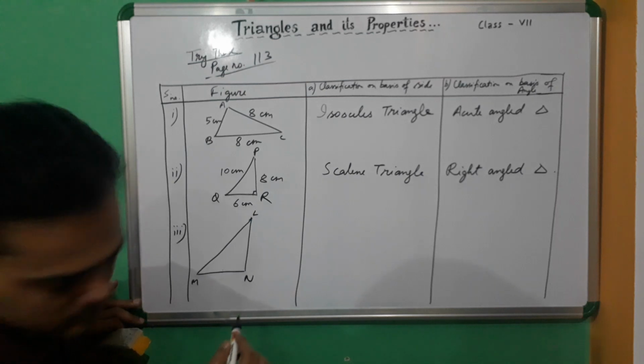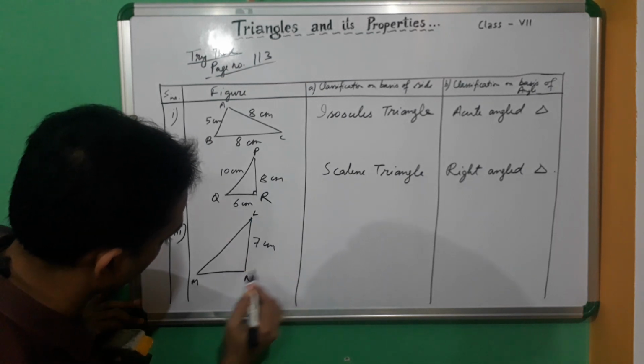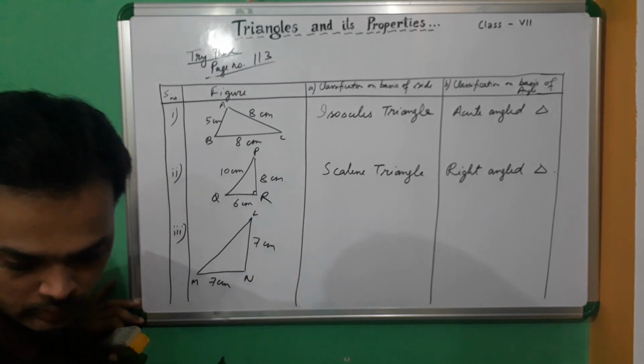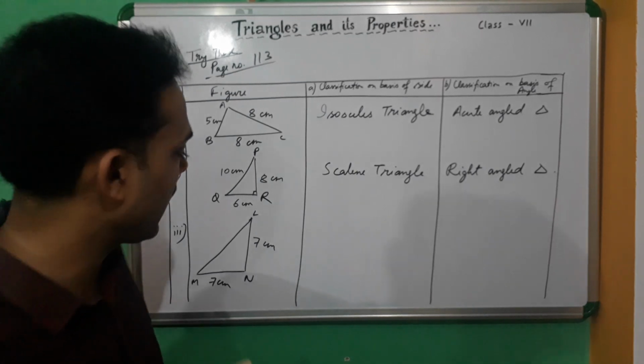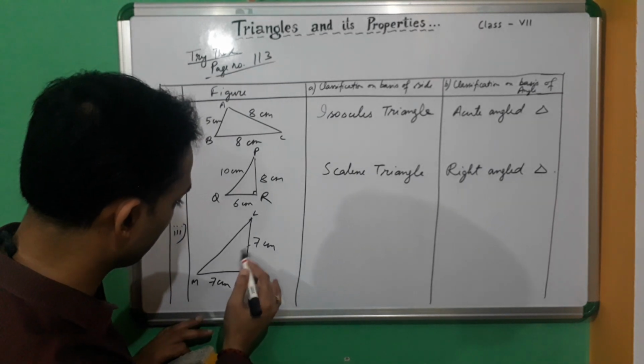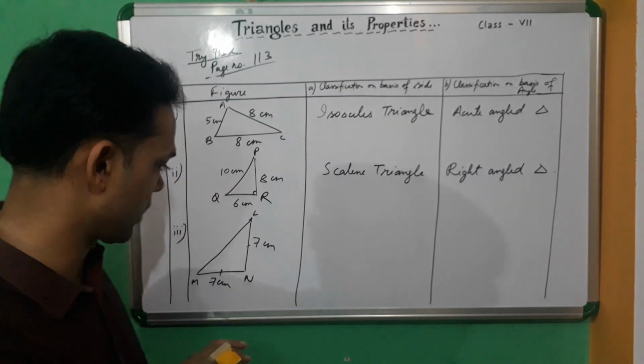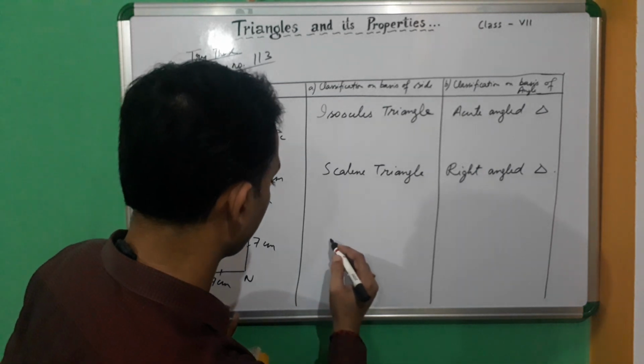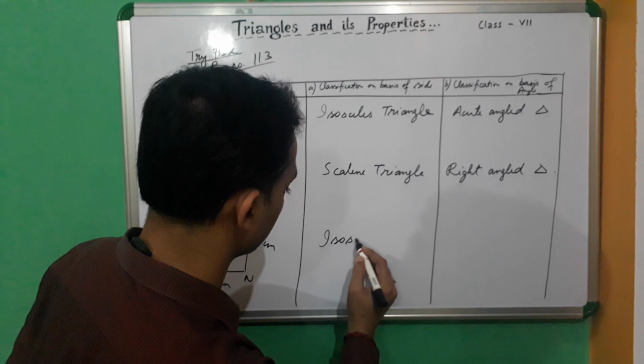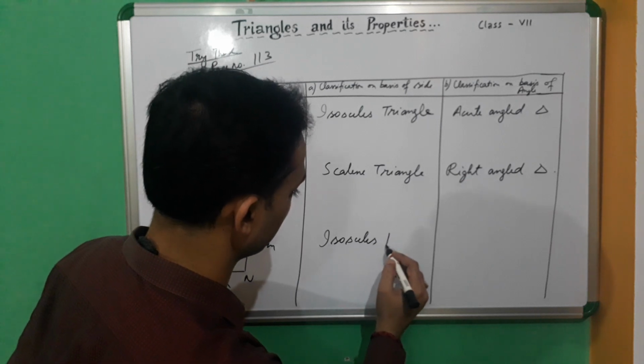It is 7 centimeter. This also is 7 centimeter. Now what you are observing is that these two sides are of equal measurement. So since they are of equal measurement, it has to be an isosceles triangle.